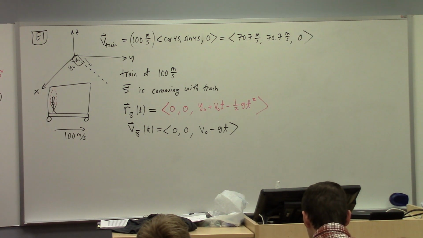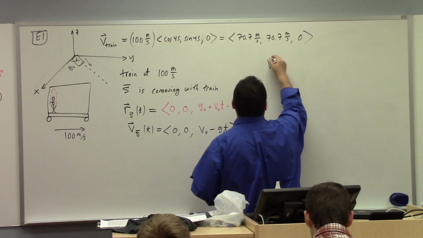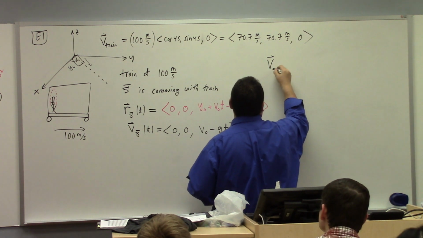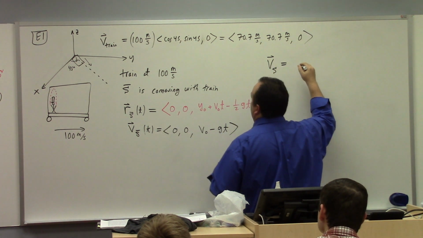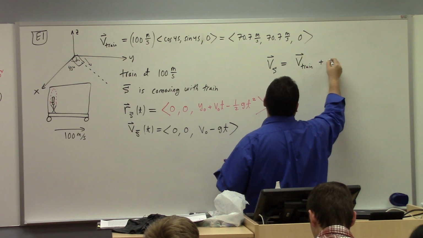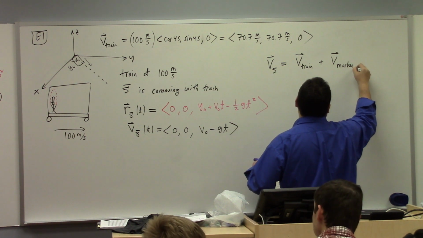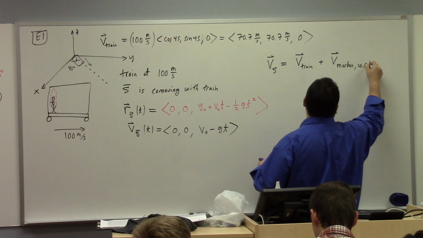What's the velocity of the marker with respect to the fixed coordinate system? So the velocity of the marker with respect to the fixed coordinate system would be the velocity of the train, right, plus the velocity of the marker with respect to the train.